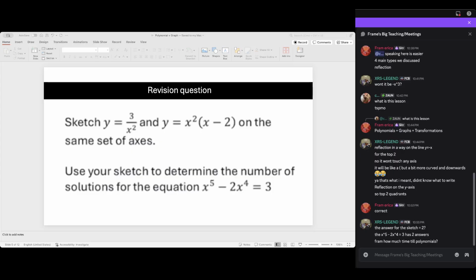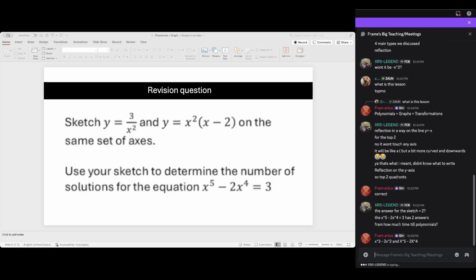And if you have x to the power 3 minus 2x squared, and we have x to the power 5 minus 2x to the power 4, I think you can see what is in common.